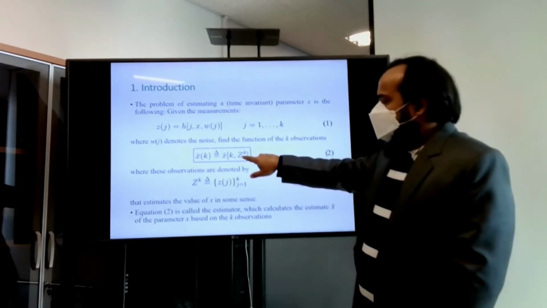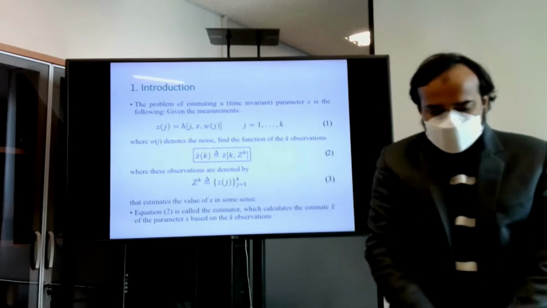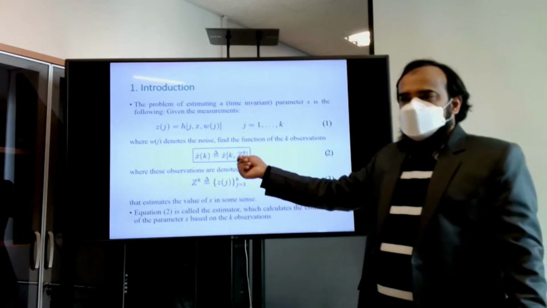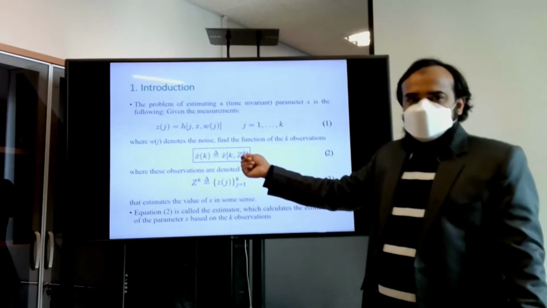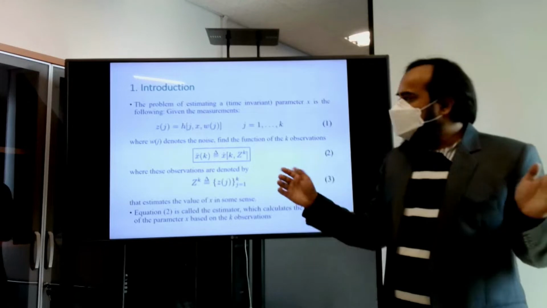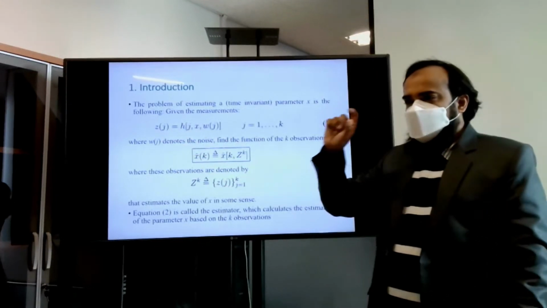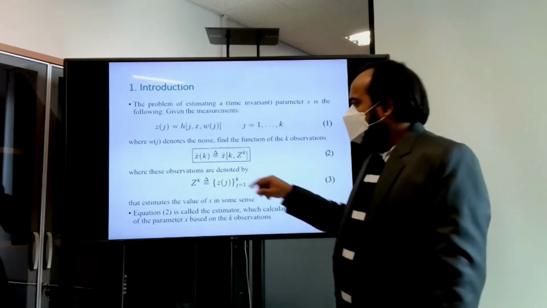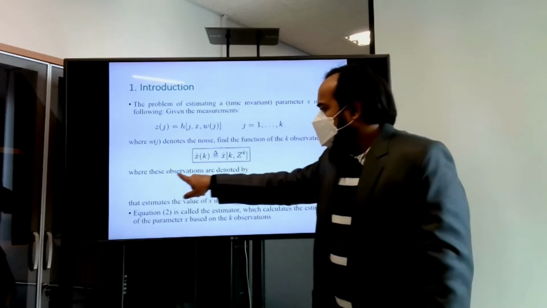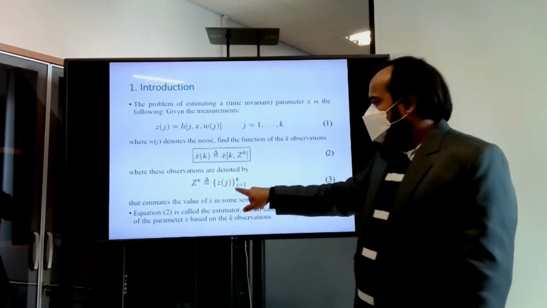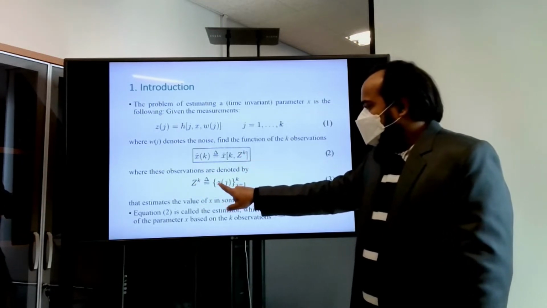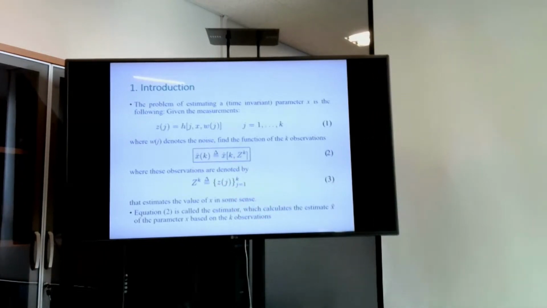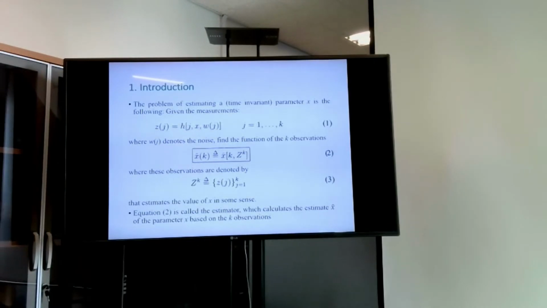So the estimate of x is obtained based on Z^k. Capital Z includes the measurement set, and small z is a part of the set. Capital Z is the complete set, and small z is a small part of this set. So this estimator, where these observations are denoted by this one: Z^k is denoted by this, where z_j, j equals 1 to k, estimates the value of x.